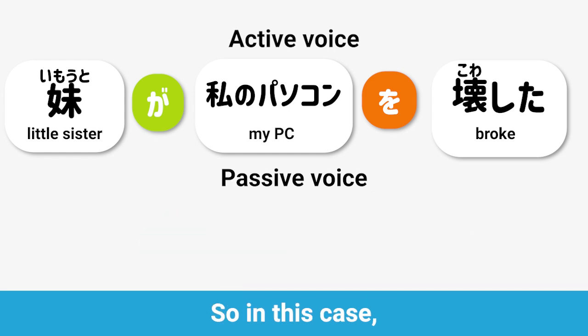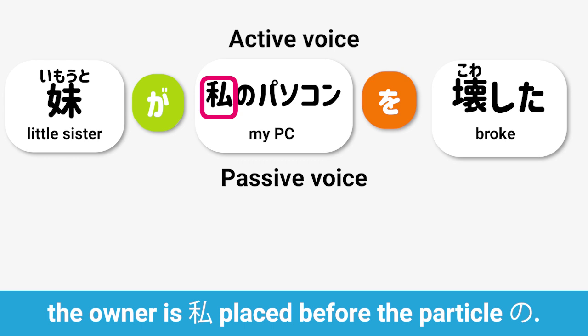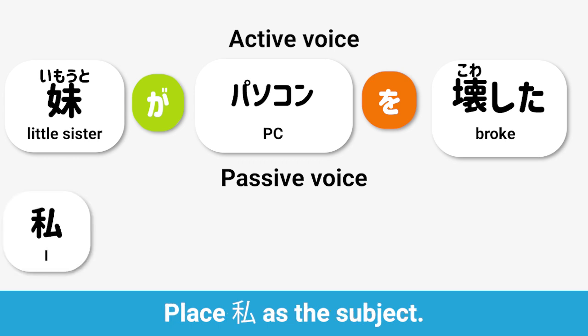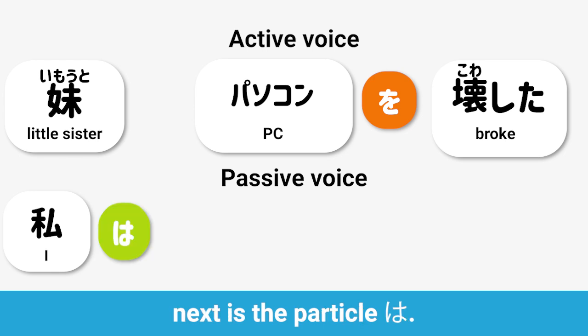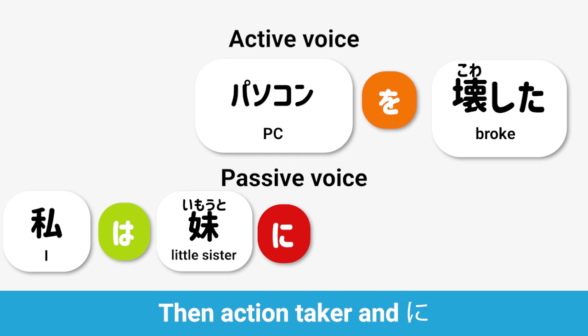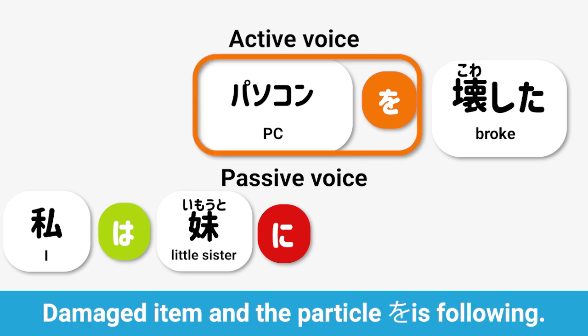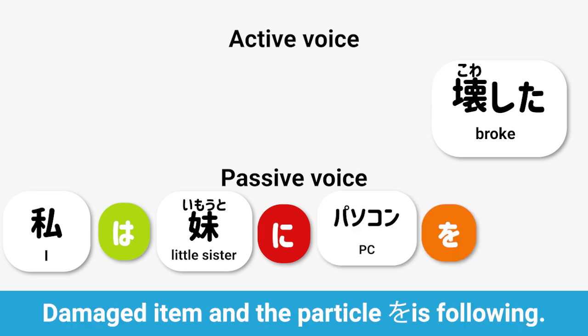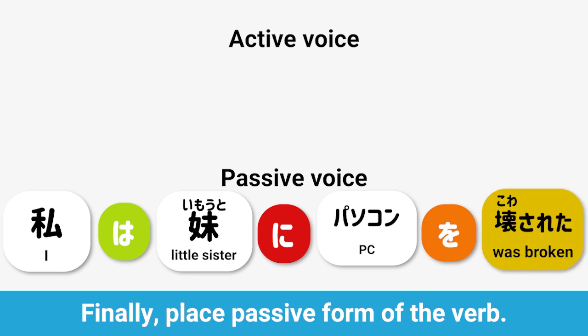So in this case, the owner is 私 placed before the particle の. So, place 私 as the subject. Next is the particle は then action taker and に, damaged item and the particle を is following. Finally, place passive form of the verb.